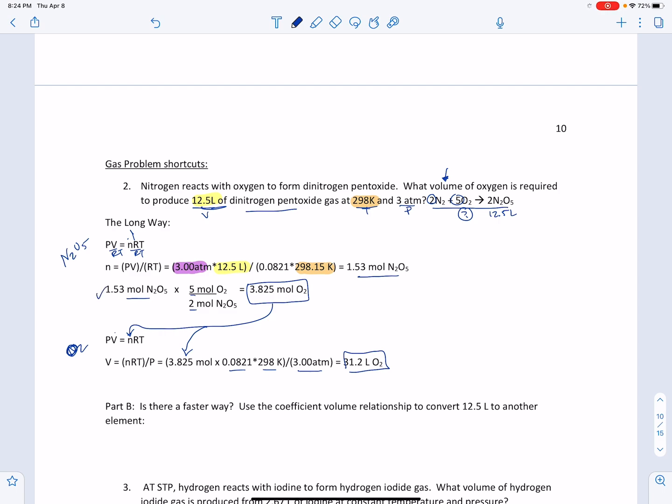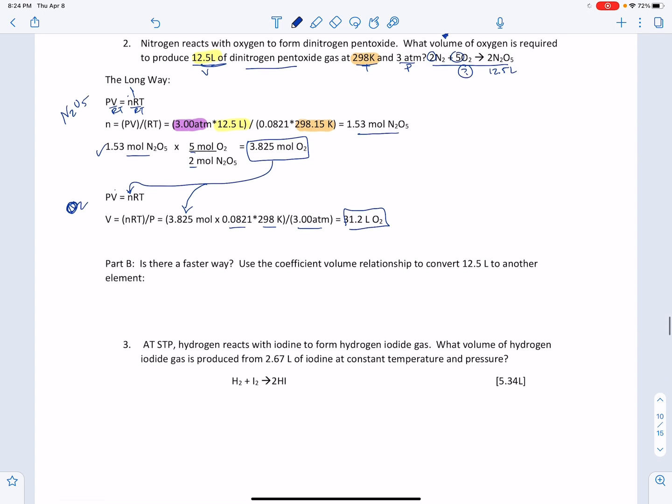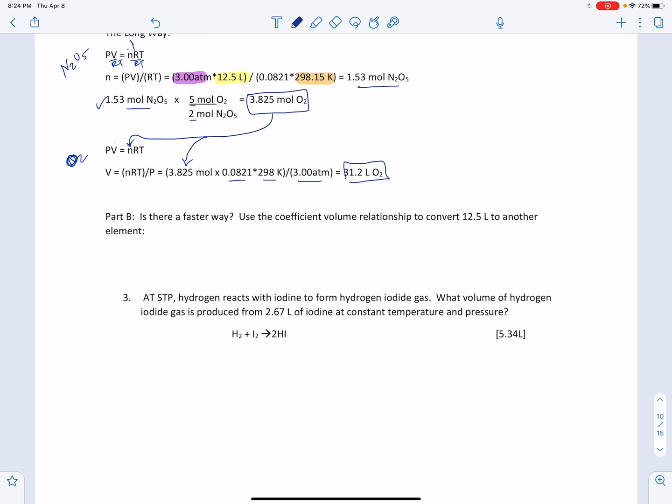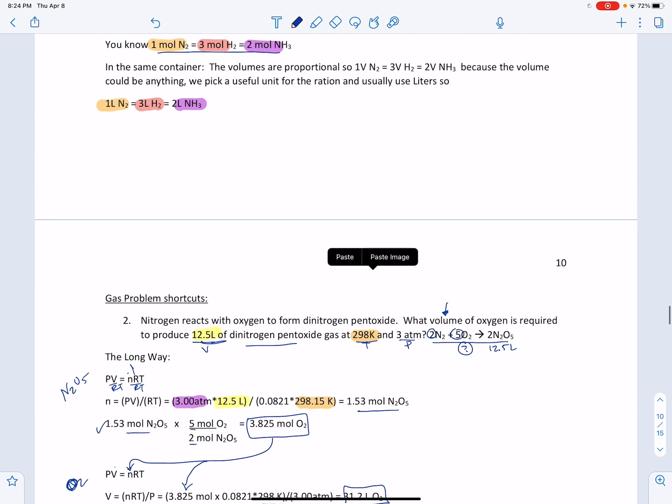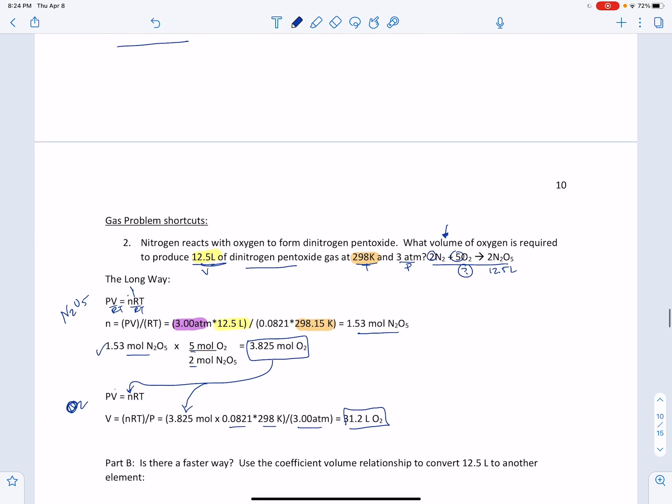Is there a faster way? Oh, yes. So we're going to use the volume relationship that we were just talking about up here. Our volume relationship is that we have 2 liters of N2 that are proportional to 5 liters of O2 that are proportional to 2 liters of N2O5.